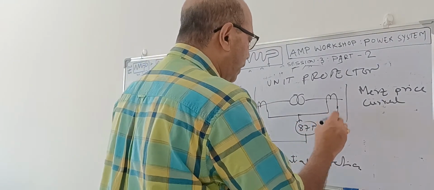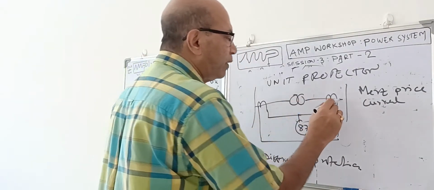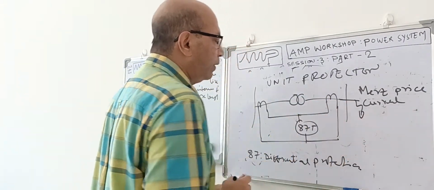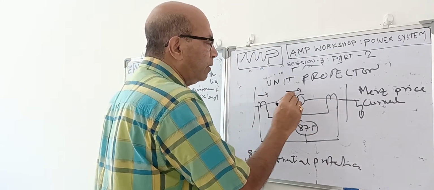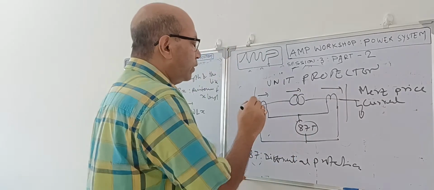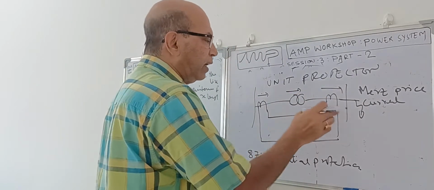Now how is this system called unit protection? You see over here. Suppose there is a fault outside of this. If the fault is outside, then current will flow this way to the fault point. We put the CT in such a way that the CT secondary current will be equal.